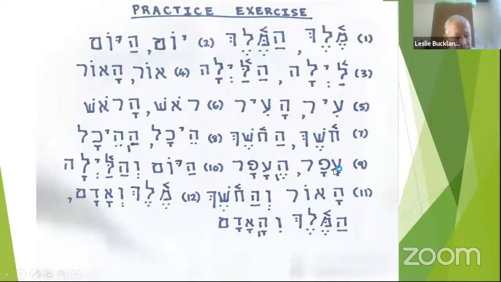Now let us see if we can do some practice here. So we have Melech. Melech means a king. And this is the definite article before Melech. And you see that the definite article consists of the He followed by the Pathak, and then there's a Dagesh forte in the first letter of the noun.